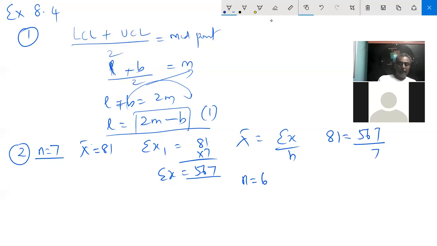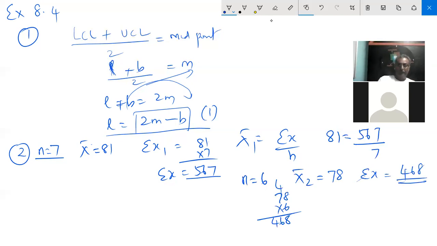The mean of the remaining numbers, x bar 2, is equal to 78. That means sigma x is now how much? 78 into 6, 468. First sigma x 1 was this one, now sigma x 2.